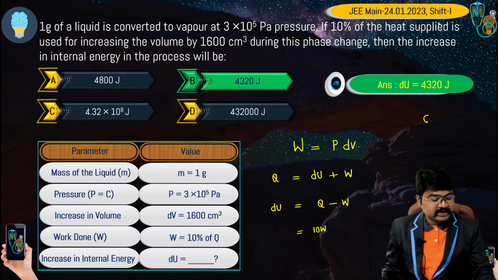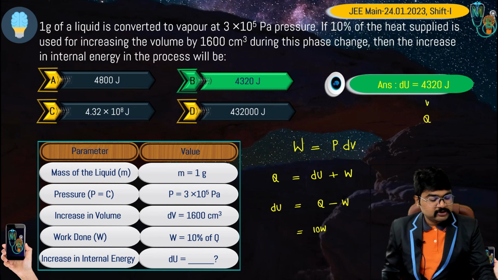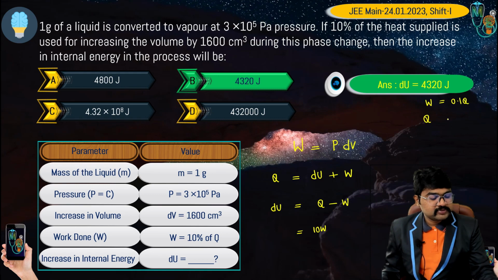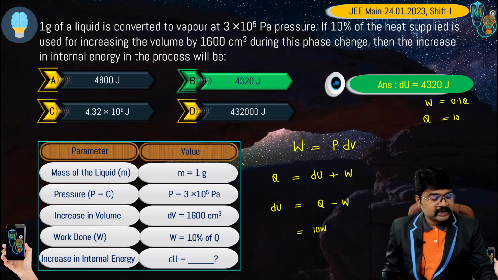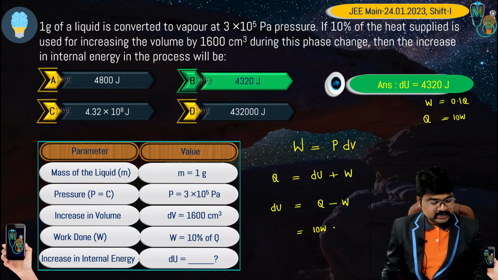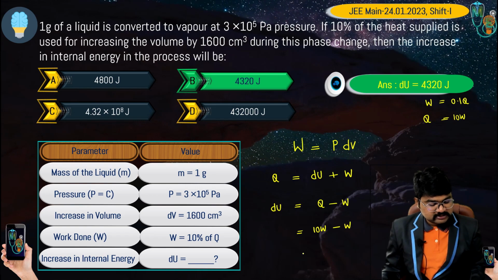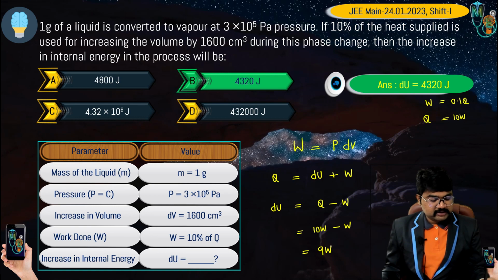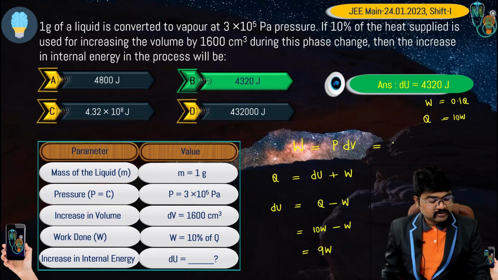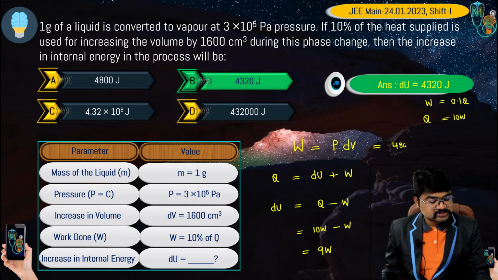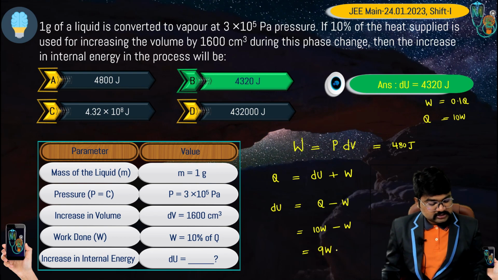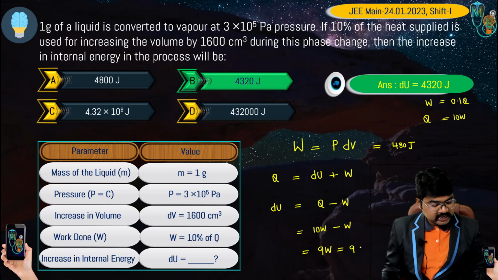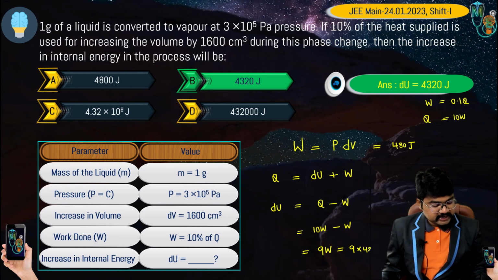So that is the given data. W equal to 0.1 Q, Q equal to 10W, 10W minus W, straight away 9W. What is W here? 480 joules you will be getting. 9W, you can substitute 9 into 480 joules.